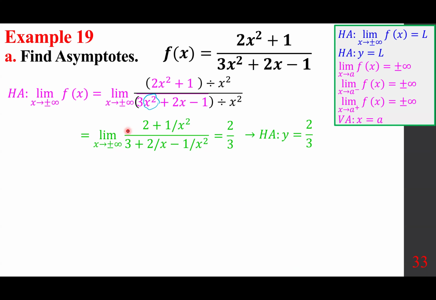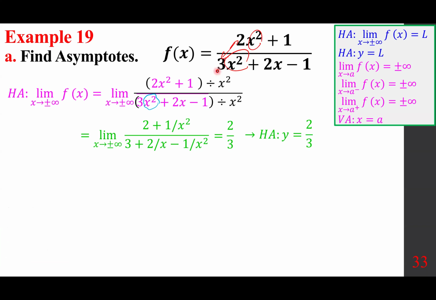Also, I'm going to remind you what we discussed in pre-calculus, and that is, if you have a rational function and you want to find horizontal asymptotes, if they have the same degree, then the answer would be just 2/3, y equals 2/3, just the coefficient of the highest degree term over the coefficient of the highest degree term in the denominator.